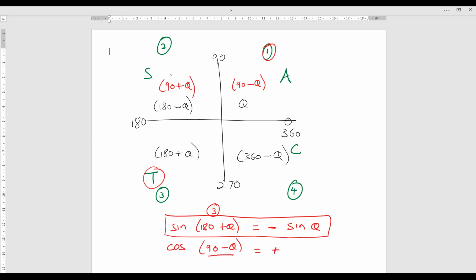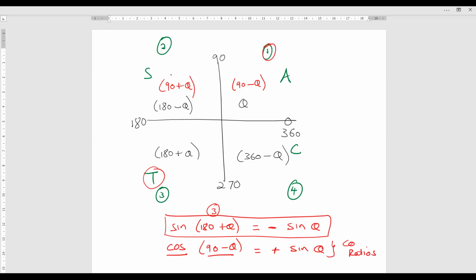Whenever we use a 90 minus or 90 plus, we use the complementary angles. So the complement of cos is sine theta. If it was sine, then the complement of sine is cos. So we're using what we call the co-ratios, which I'm sure you've done in class.